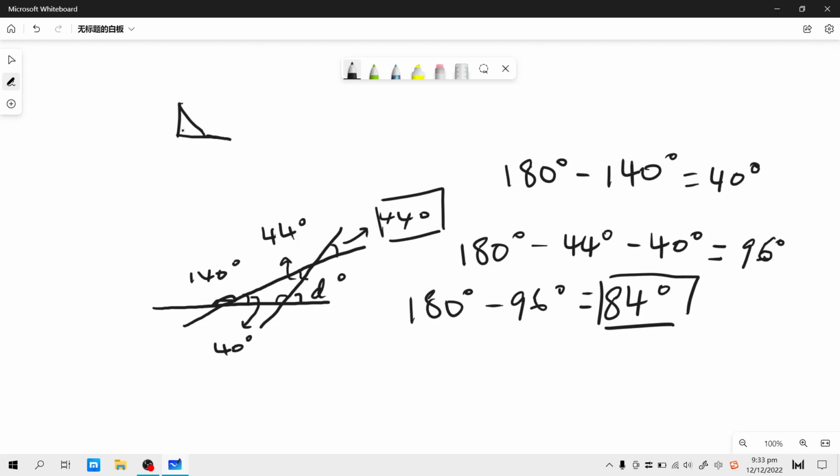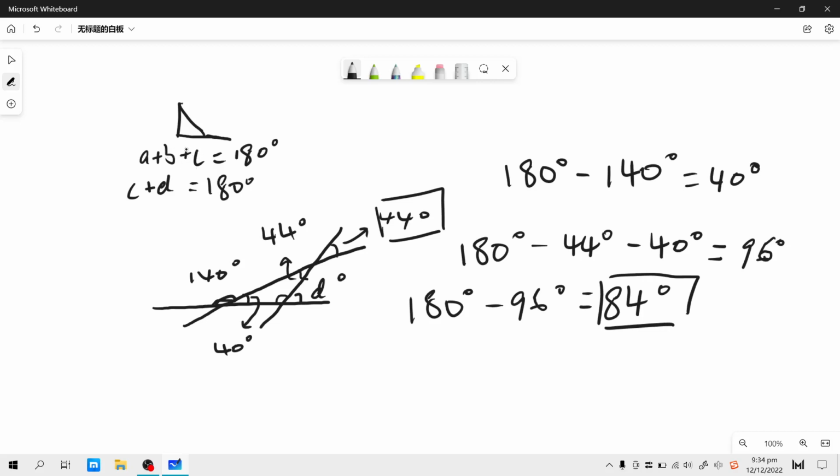This is A, B, C, D. So A plus B plus C equals 180 degrees. C plus D equals 180 degrees. This is algebra. I will talk about this later in more of my videos, but I just let you know about it here.